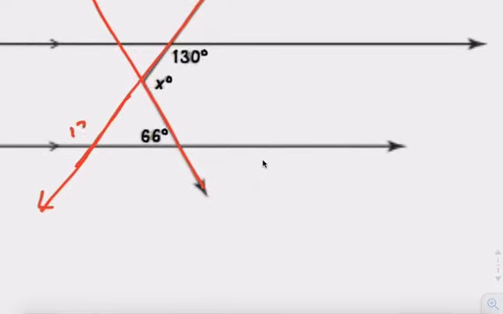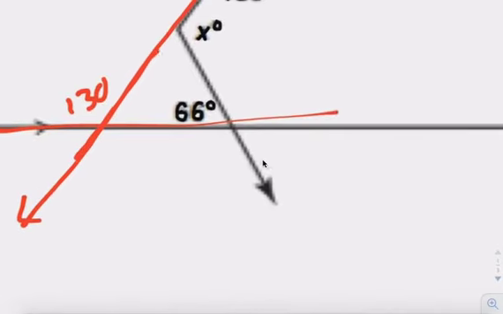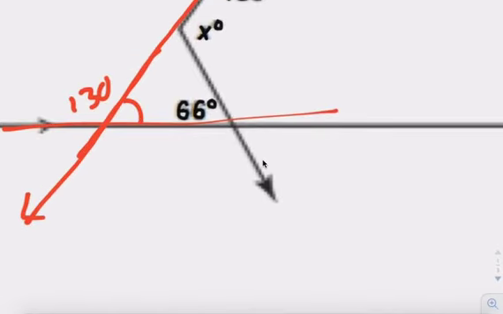We know that this is 130 because if we get rid of this, we focus on this parallel, alternate interior are congruent. So therefore, this one in here is 50 degrees, right?